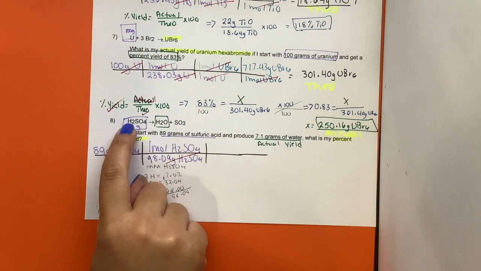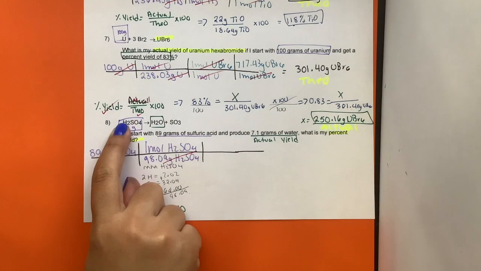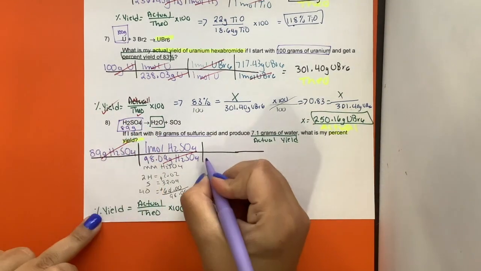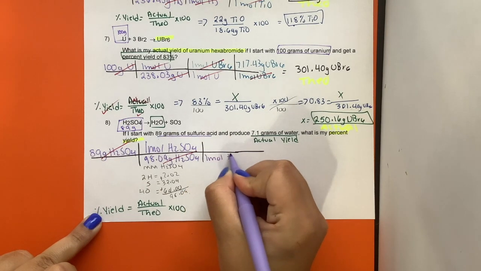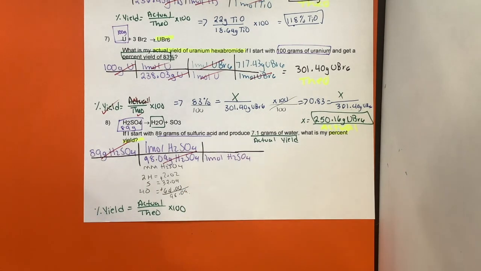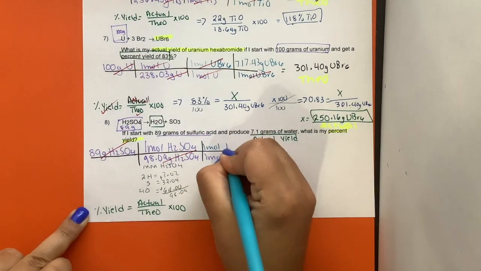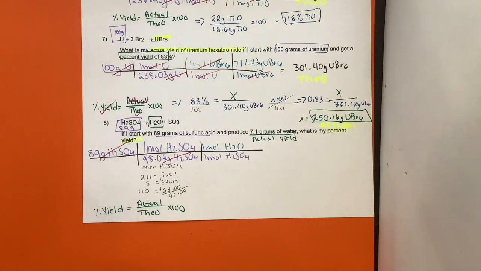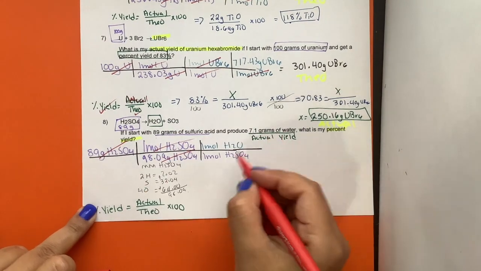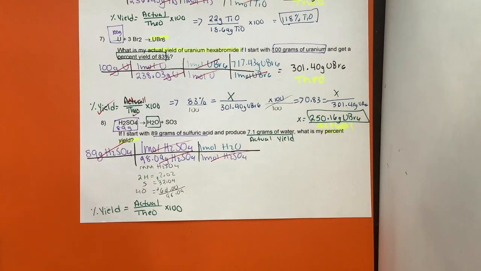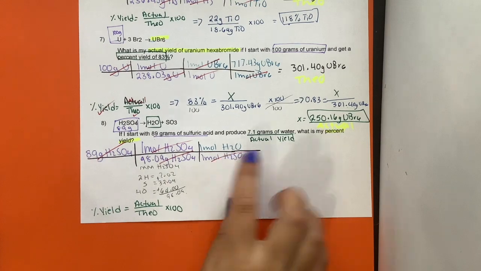On the ratio here, if there's no coefficient, that means there's a 1. So the ratio is 1 to 1. So 1 mole of H2SO4 for every 1 mole of water. Like this, the moles of sulfuric acid cancel out. Now I'm left in moles of water.